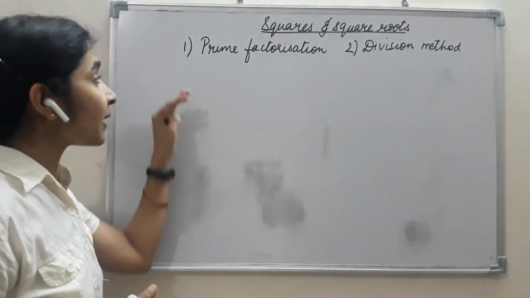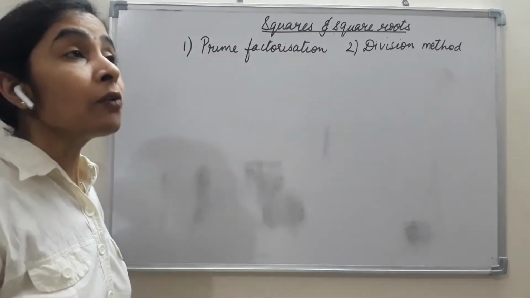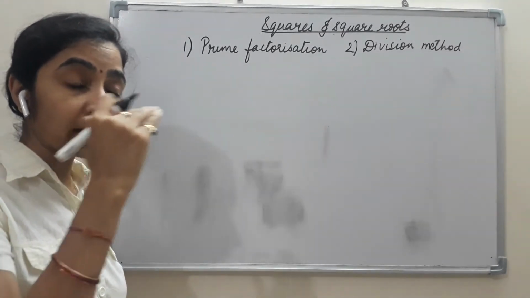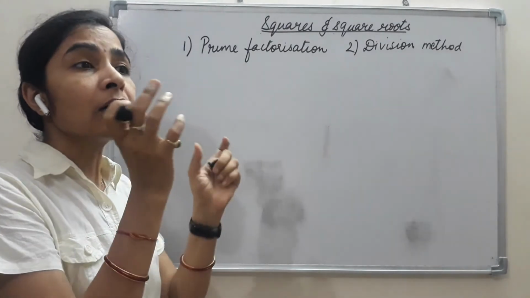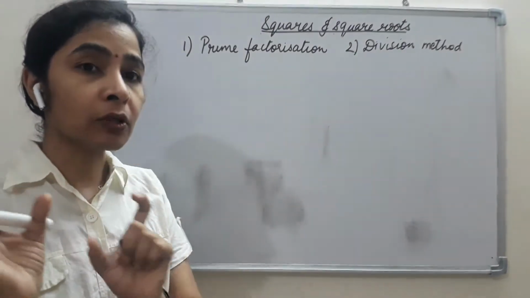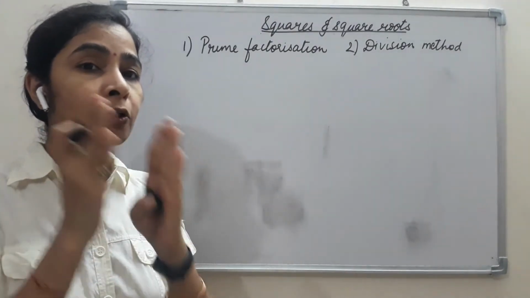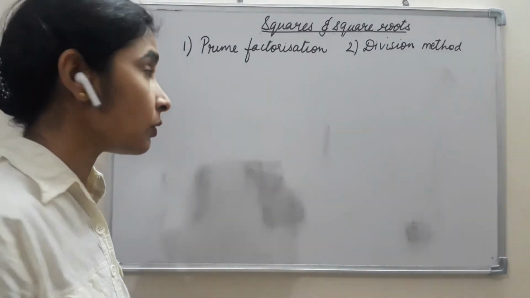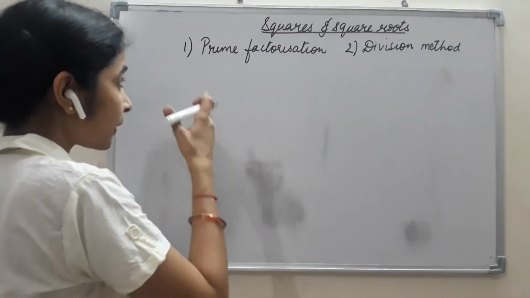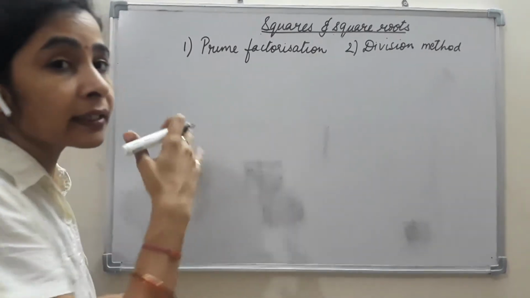In the prime factorization method, we factorize the given number into its prime factors and then bring them into pairs. For every two same factors we get 1. When we do it we'll understand it in a proper manner.